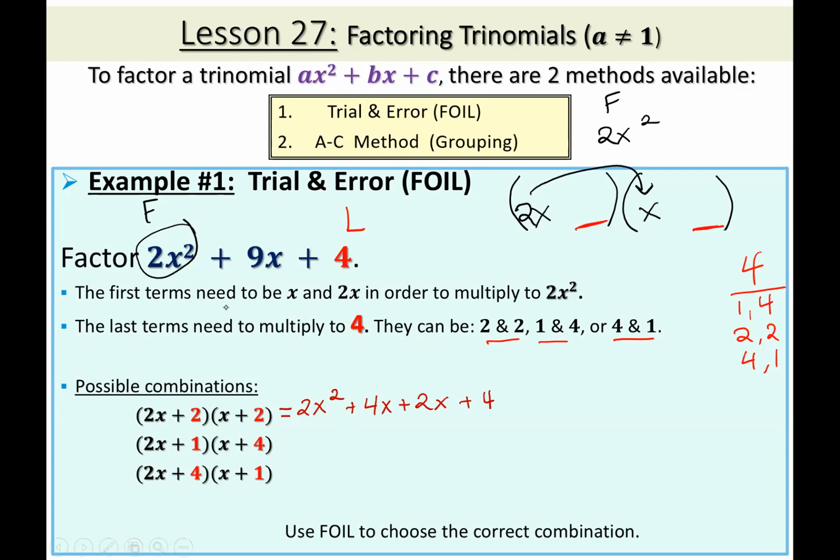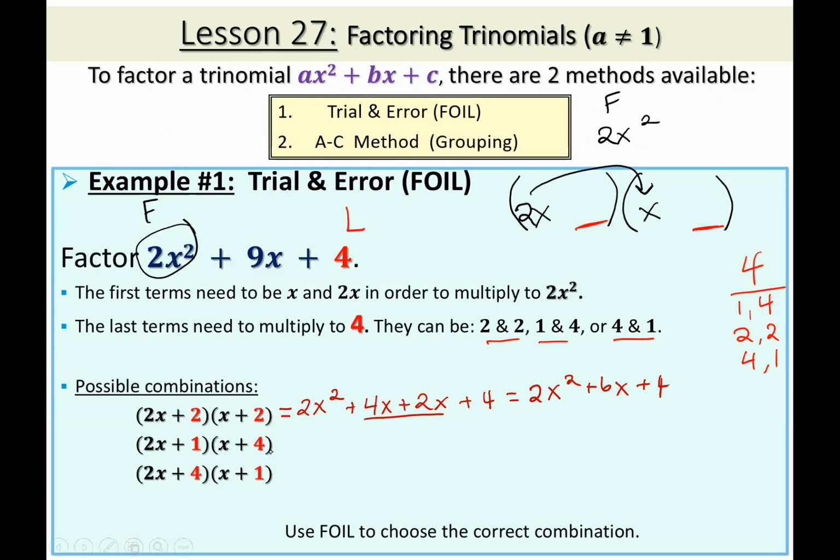That matches the original problem. At the end, we have the +4. That matches the original problem. So what we really need to check is those middle terms. Now, when we combine those middle terms, +4x and +2x, that adds up to +6x. So our final answer when we're checking is 2x squared +6x +4.